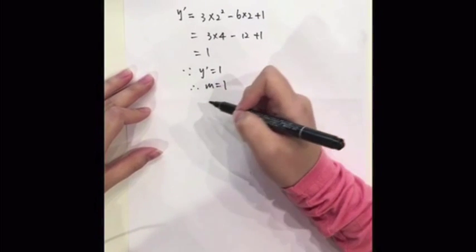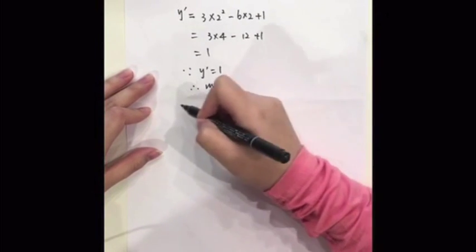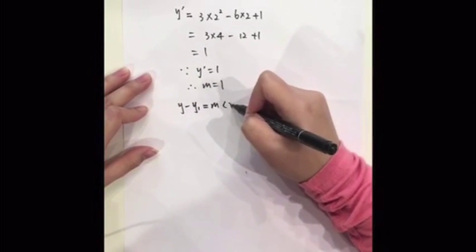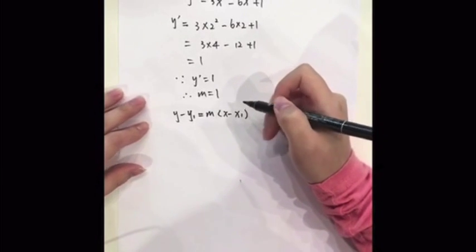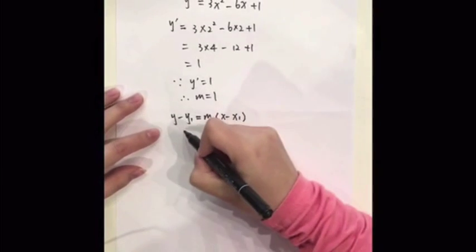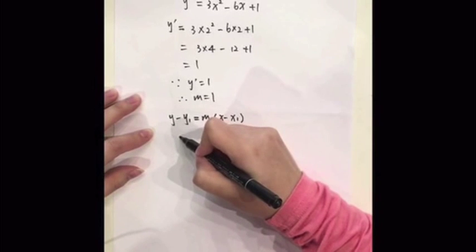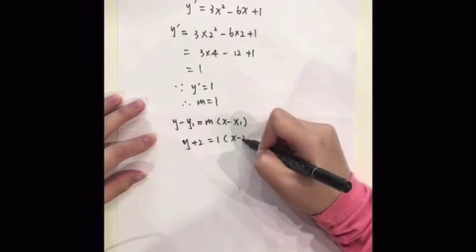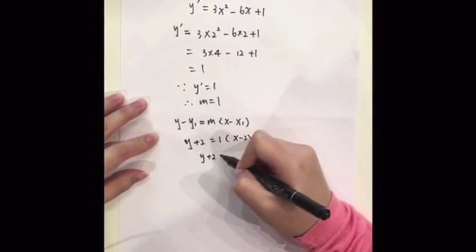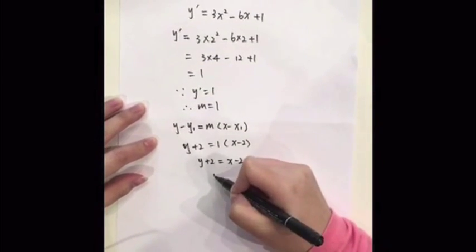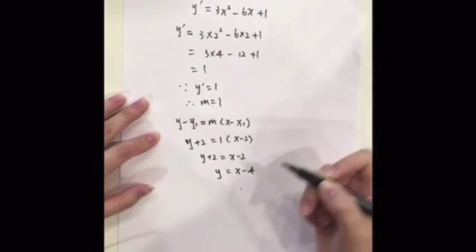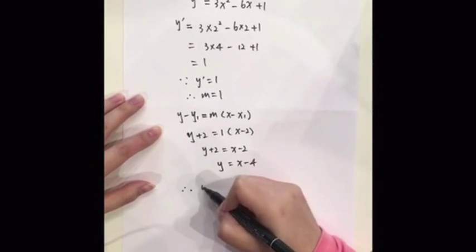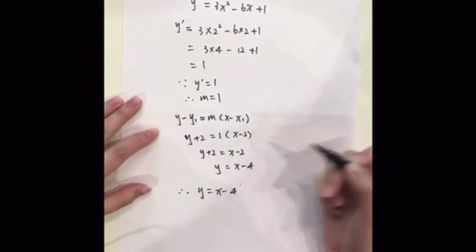Then use y minus y1 equals m times x minus x1 to find the equation of the tangent, which is y plus 2 equals 1 times x minus 2. y plus 2 equals x minus 2, y equals x minus 4. So the equation of the tangent line is y equals x minus 4.